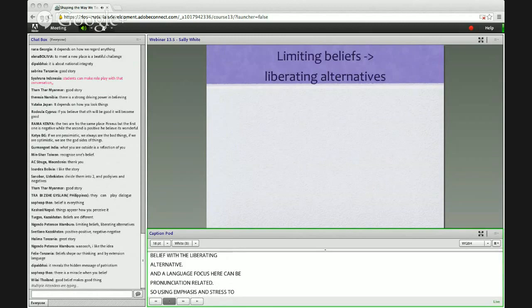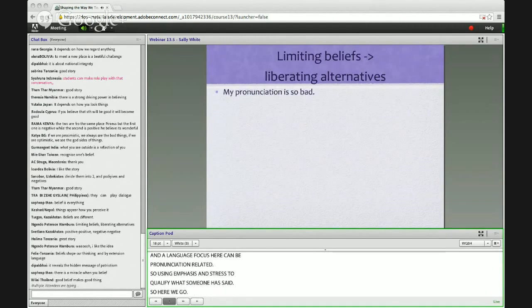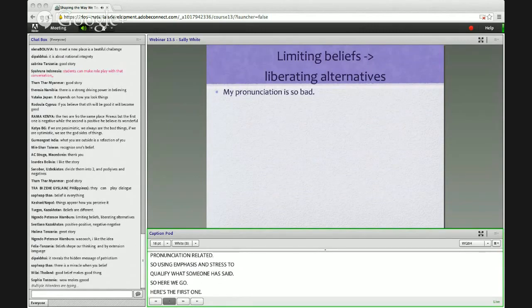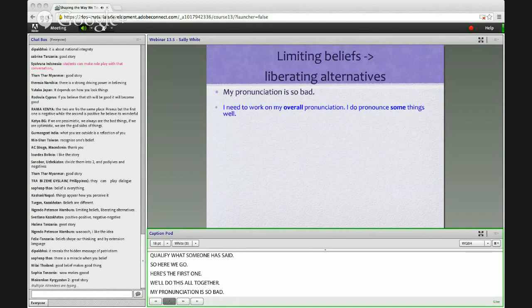So here we go. Here's the first one. We'll do this all together. So, "My pronunciation is so bad." If a student said this, we could respond or have them respond, "I need to work on my overall pronunciation. I do pronounce some things well."